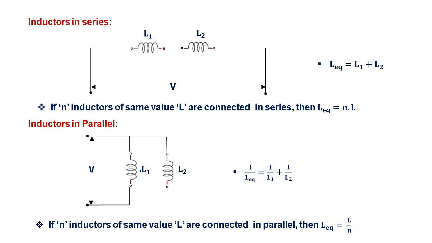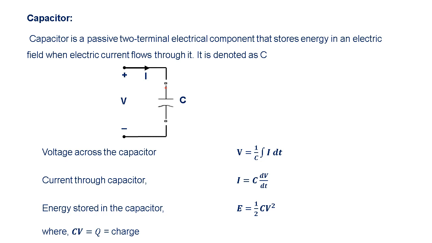That is 1 by L equivalent is equal to 1 by L1 plus 1 by L2. Suppose if n inductors of same value L are connected in parallel, then their equivalent inductance is equal to L by N. Next is the capacitor.